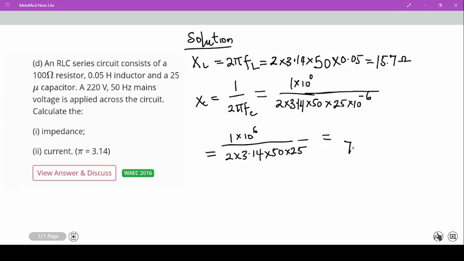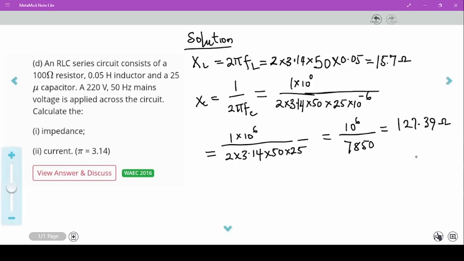So 7,850 all over 10 raised to the power of 6. So that's about 1 million. So 1 million divided by the answer we've gotten would be about 127.39 ohms.